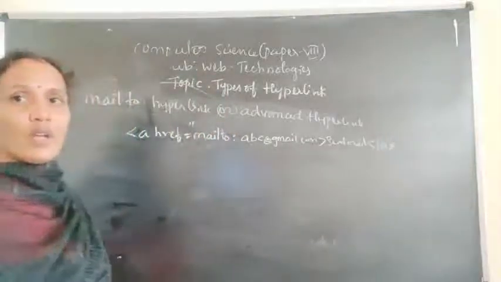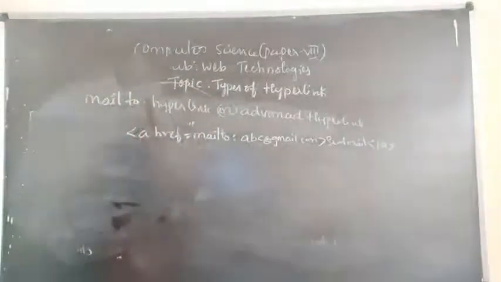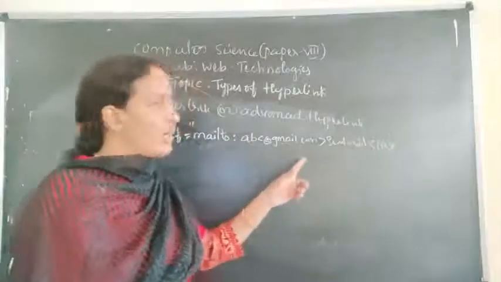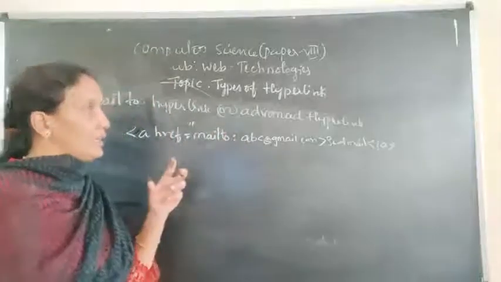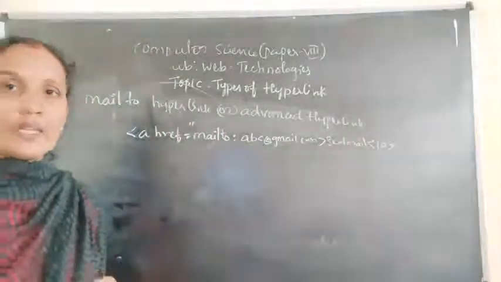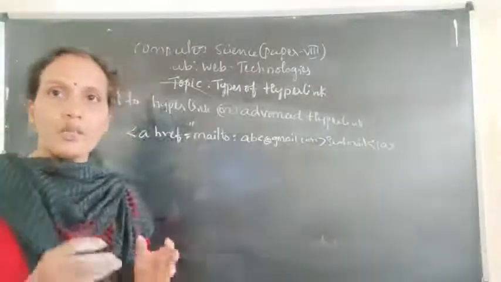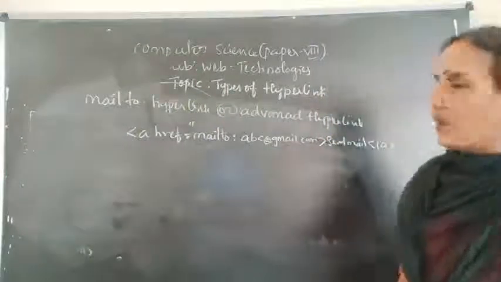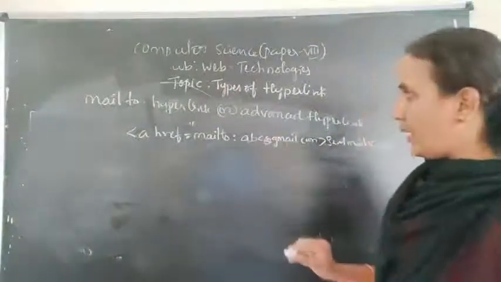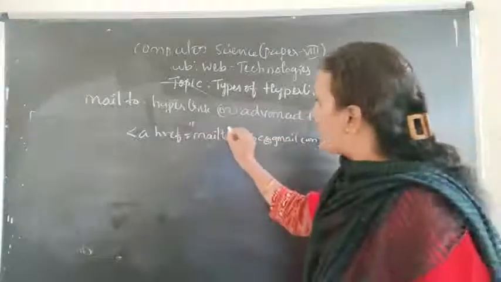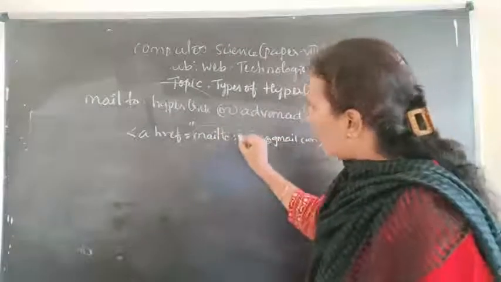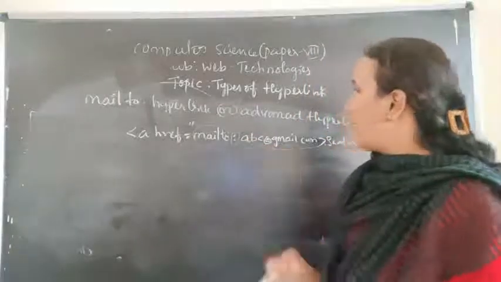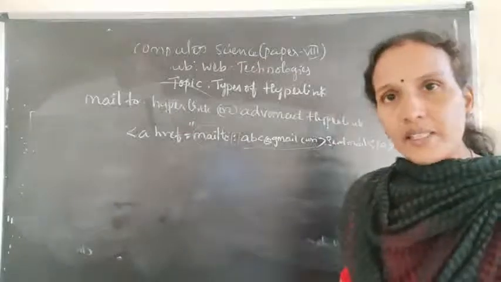When the user clicks on send email, a link is directly provided to that particular mail ID, so that you can send a message to that mail ID only. A mailto hyperlink starts with the mailto keyword, followed by a colon and the mail ID to which you want to send the mail.